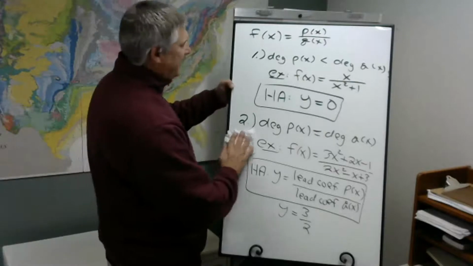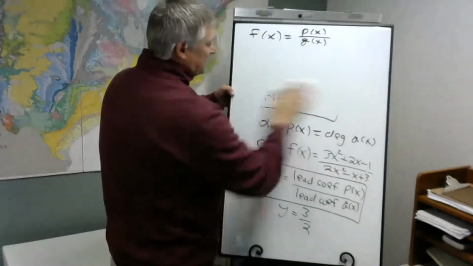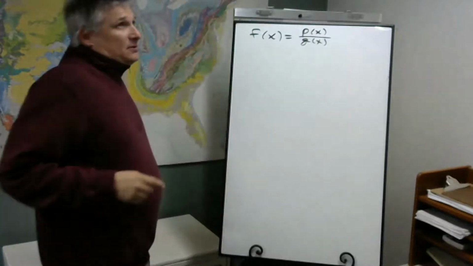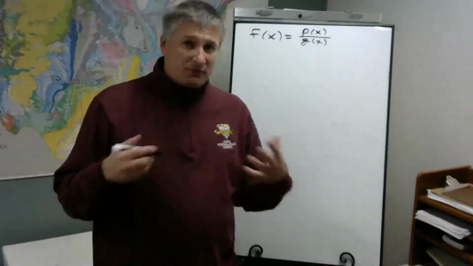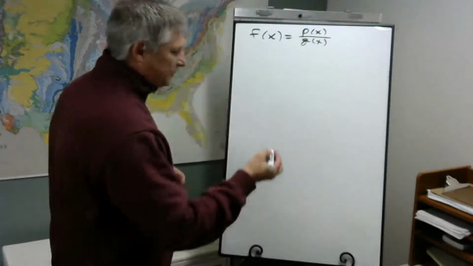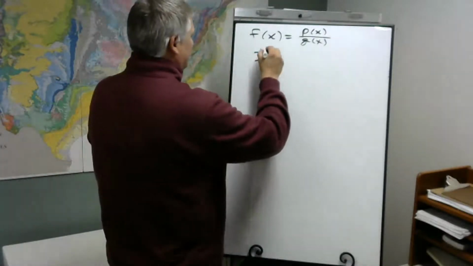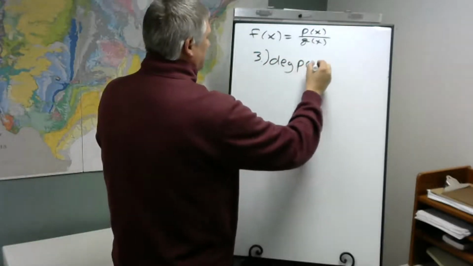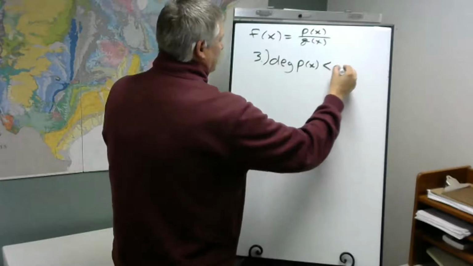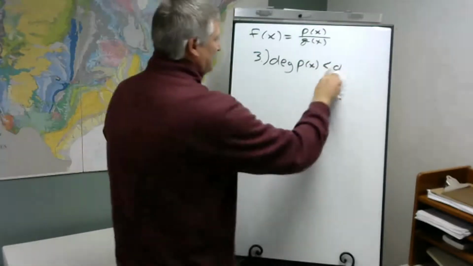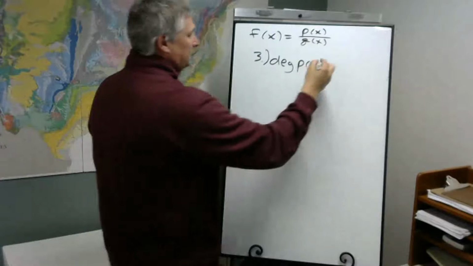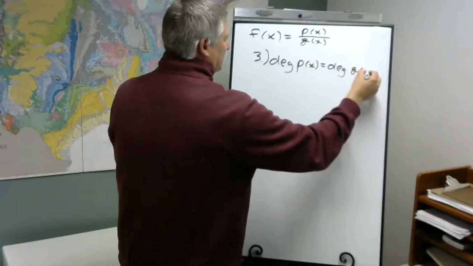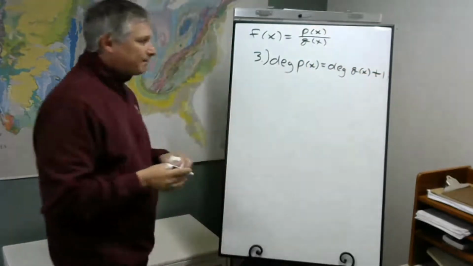Finally, the last scenario we consider, though there are problems you're going to see in the text, at least there's a couple that suggest a fourth. But the third is degree p of x, I'm sorry, not less than, equal to degree q of x plus 1.